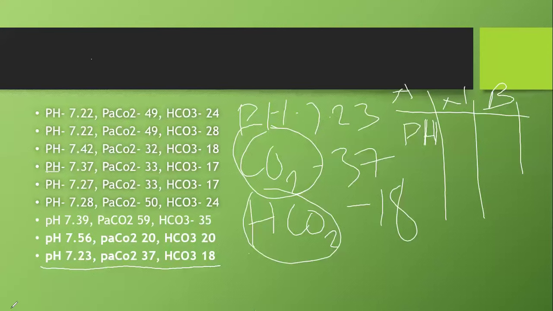Now, let's take carbon dioxide. Carbon dioxide is 37. We said that the normal is 35 to 45. Based on the value here, is it normal? Does it fall under acid or under base?